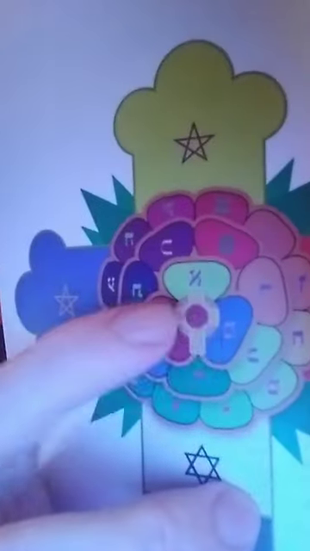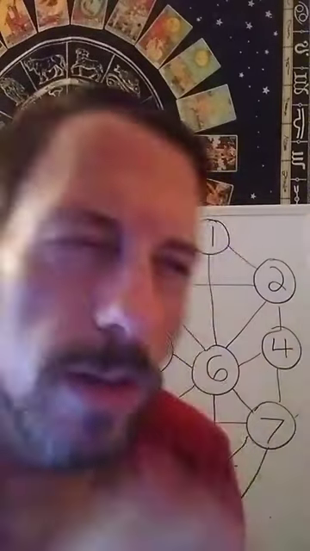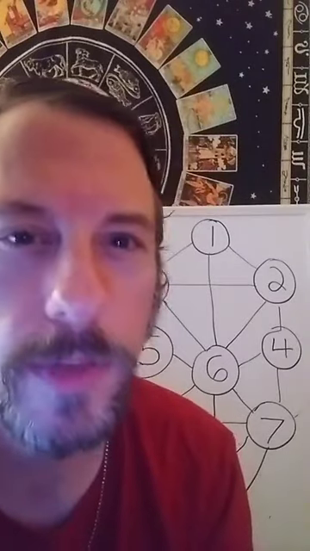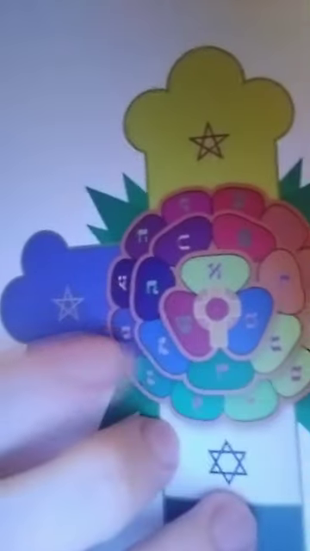Now, it's interesting if you look at the colors of the three mother letters, which of course all goes back to the Sefer Yetzirah, the earliest roots of the Kabbalah. These are the primary colors, yellow, blue, and red. From these primary colors, the next seven show the seven colors of a prism and also the seven chakras.